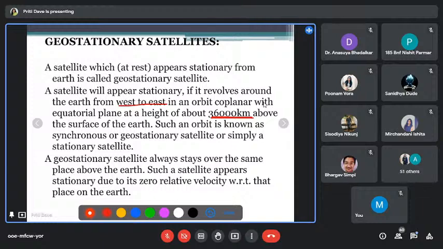And a geostationary satellite. Why do you need a geostationary satellite? What will be the time period of a geostationary satellite? If it has to appear stationary, what will be the time period of a geostationary satellite? Can anybody tell me? What should be the time period of a geostationary satellite?